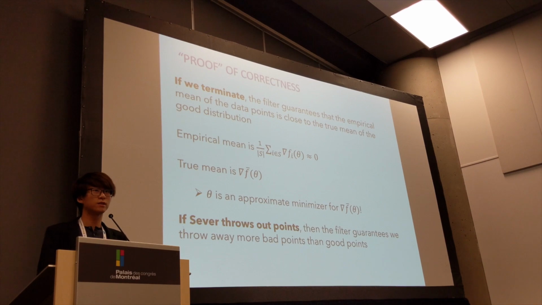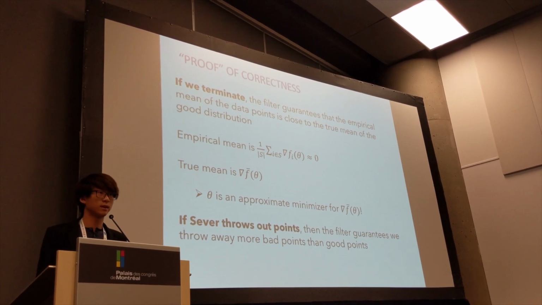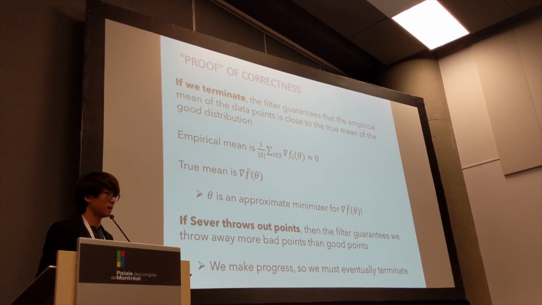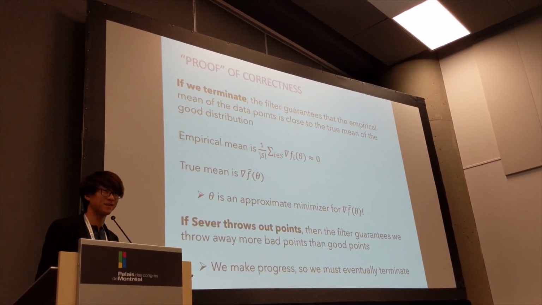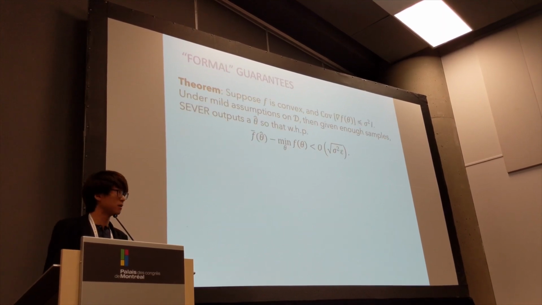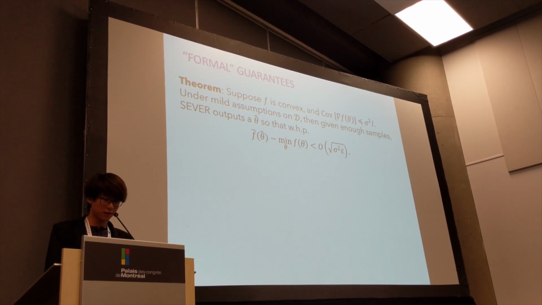And so you're making progress. Eventually, you're going to throw away all the bad points or terminate. That's it. That works. And I'm hiding many, many details here, but this is the very high-level idea of why things work here.